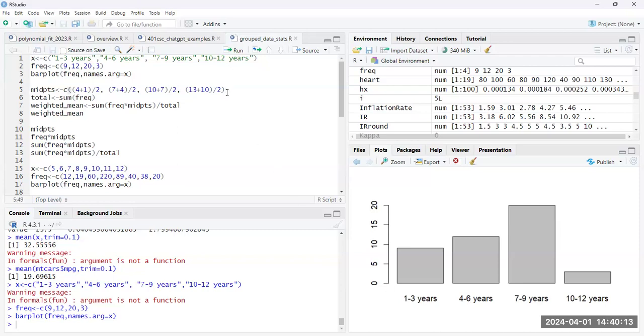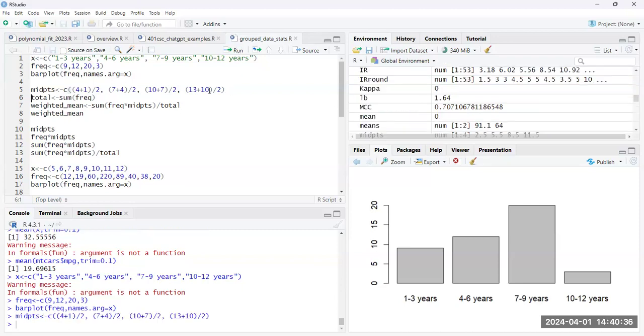That's a common error that some people make with discrete values. So here I'm calculating my midpoints again: 1 to 4, the midpoint of that divided by 2, 4 to 7, the midpoint of that, 7 to 10. And then the next group would be the next value after 12, which would be 13. And so I've calculated those here.